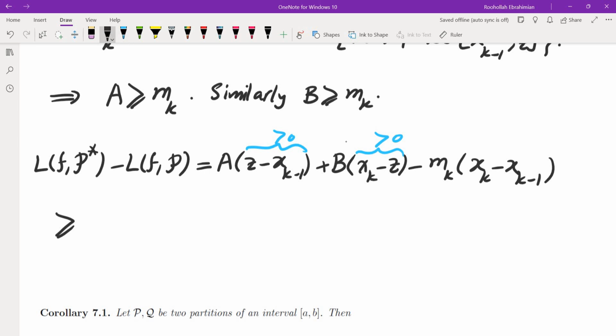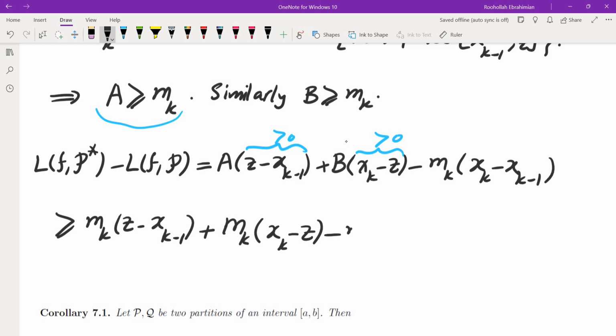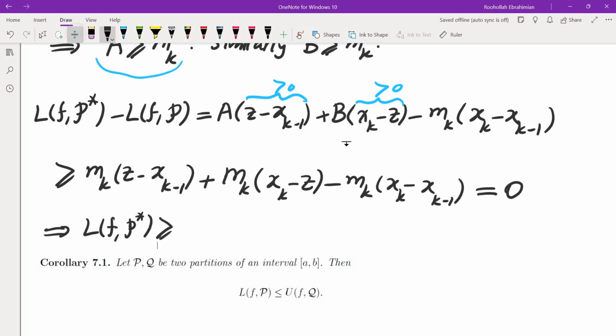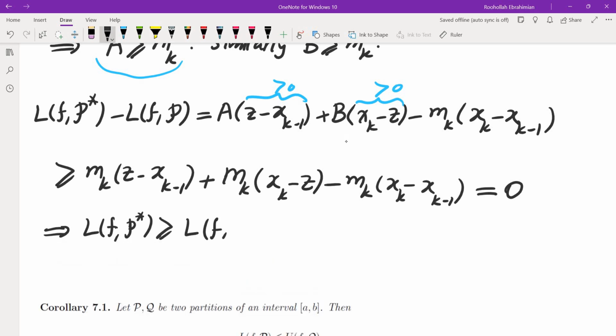So we are going to multiply this inequality by z minus xk minus 1 and multiply the second inequality by xk minus z. So this is what we get. And this is clearly 0. Everything cancels. So therefore, the lower sum for P star is greater than or equal to the lower sum for P.